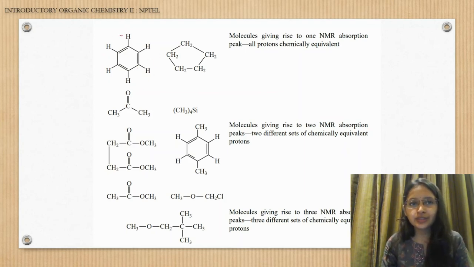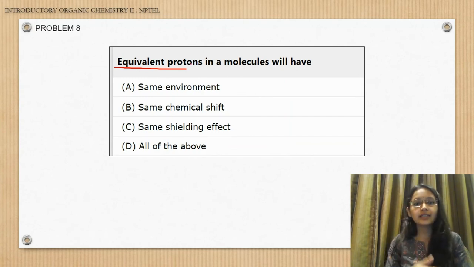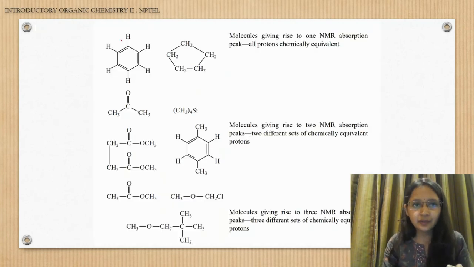Now the question is asking, if equivalent protons are present in the molecule, what will they have? The same environment, the same chemical shift, the same shielding effect, or all of the above? If equivalent protons are present in a molecule, they will have the same environment as the protons present in the benzene ring.